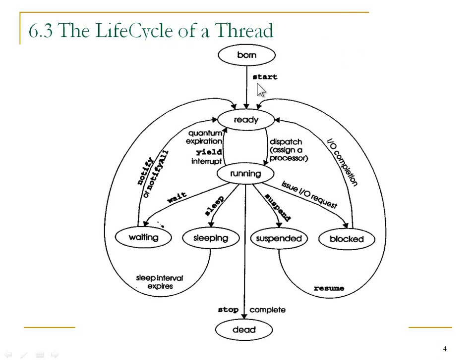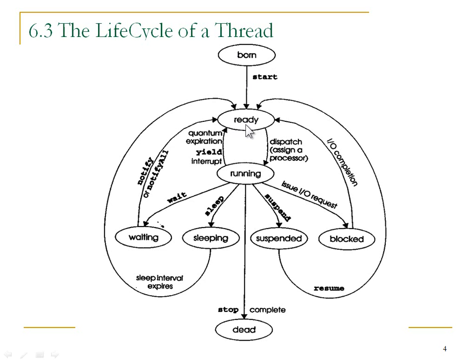So this is a state diagram. We have an object that is a thread, but it hasn't been started yet. So that thread, the fortune thread, is in this state. And then when we start it, it's ready to run. That doesn't mean that it gets the processor right away. It means that it's ready to get the processor.